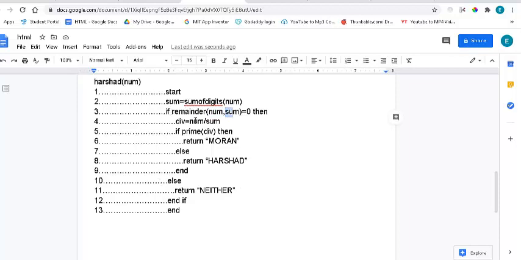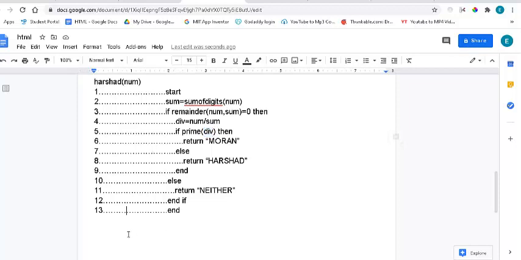If it is divisible, then I'm going to set div, a new variable, to be the result of num divided by sum. Remember, we know that it's divisible, so there are no decimal points here. Then I'm going to check if div is a prime number. If div is a prime number, then I'm going to return moron, else I'm going to return harshad. This is much easier to understand, and the reason we could do that is we use the divide and conquer method.